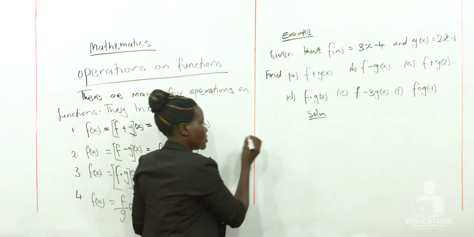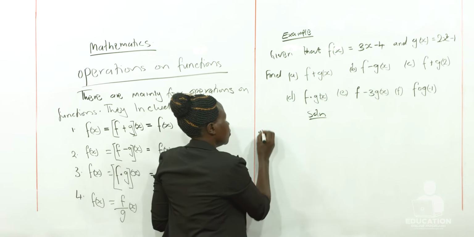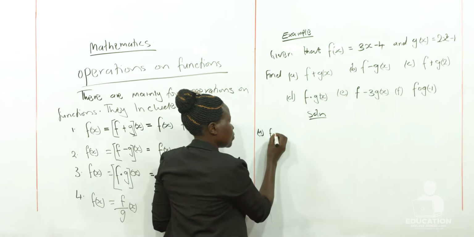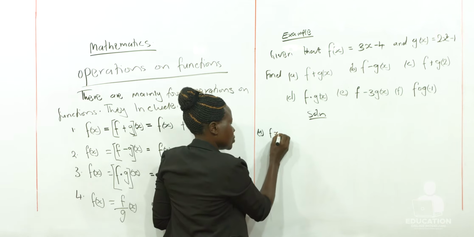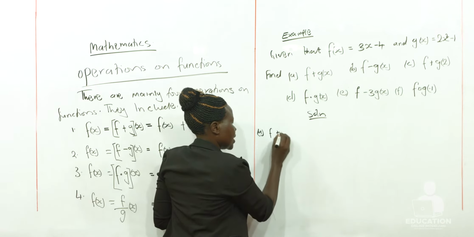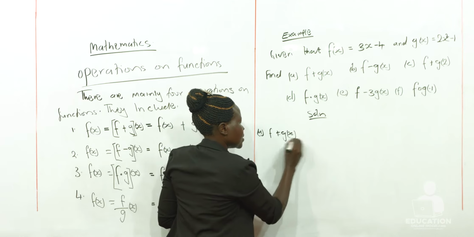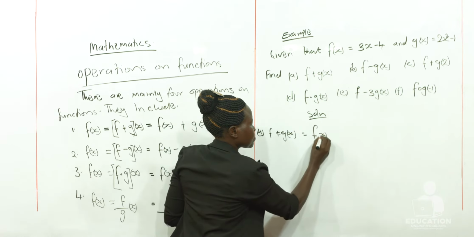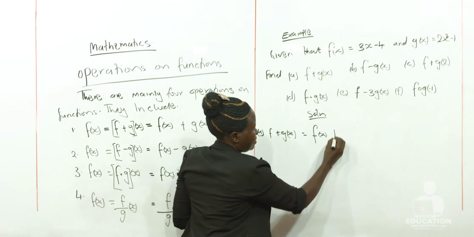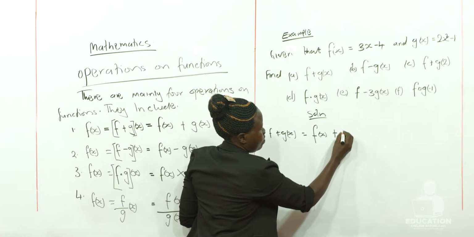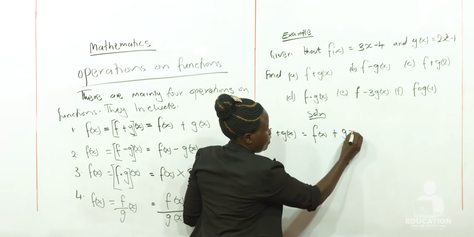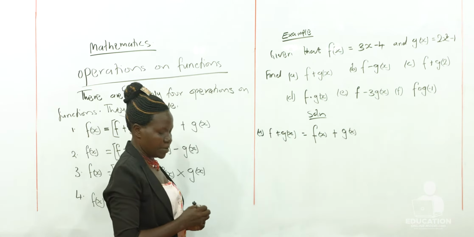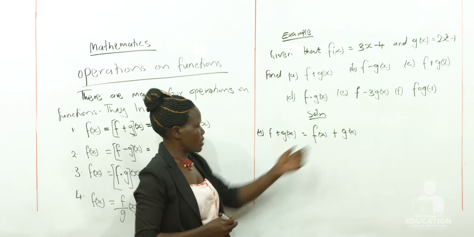But before you substitute, you simply expand that as a function of its own. So f plus g of x is the same as function f of x plus function g of x. You expand it in that form so that it becomes easy for you to substitute.